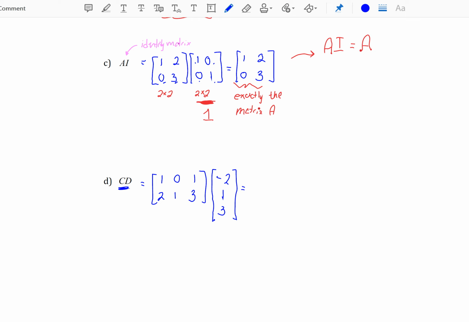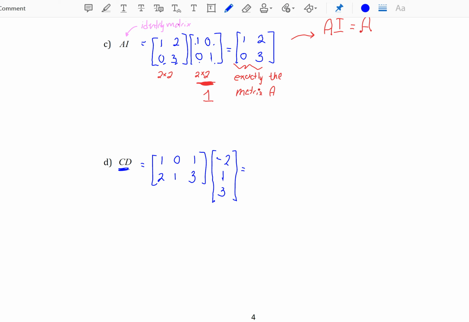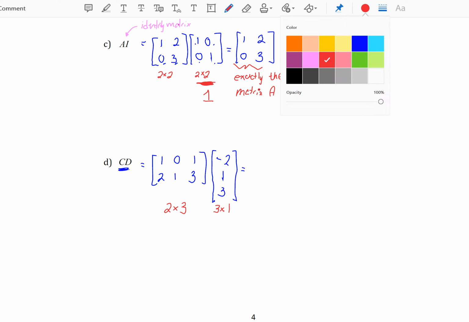Okay, let's see how we do with this matrix multiplication. Again, just so we get used to the terminology, I want you to verify that this matrix multiplication is defined. This is a 2 by 3 matrix C, 2 rows, 3 columns. Matrix D is a 3 by 1 matrix, 3 rows, 1 column.